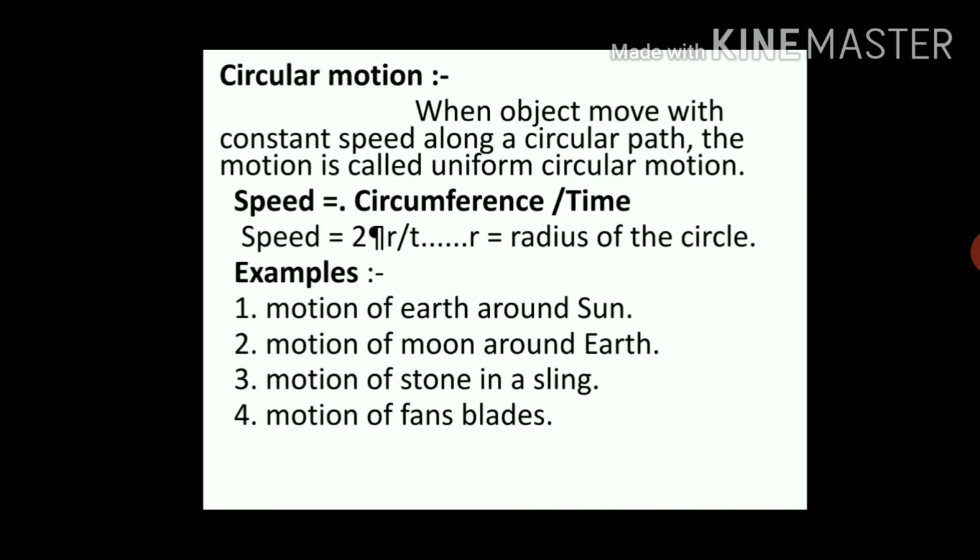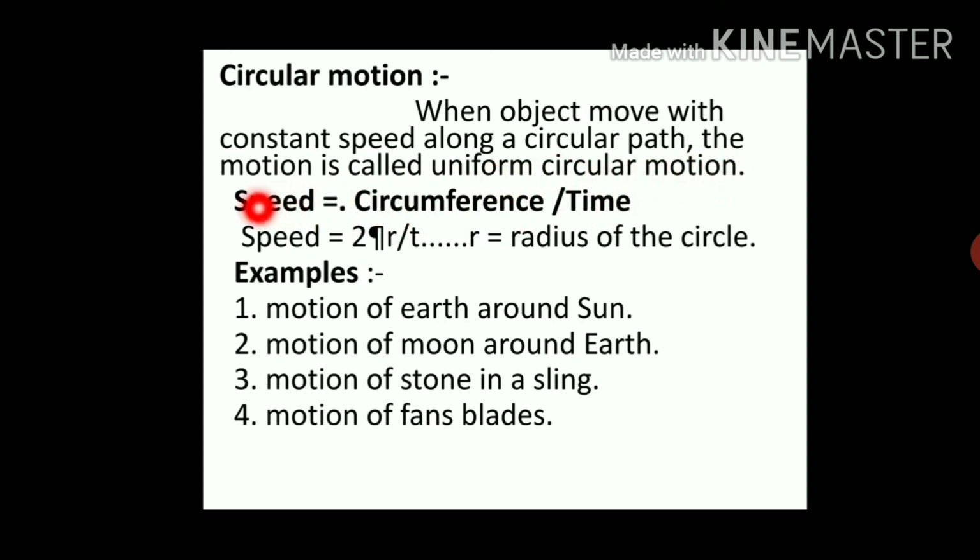Here you may be asked a question: what is circular motion? Write the formula for speed of circular motion and give some examples. So first we have to write the definition. The circular motion: when an object moves with a constant speed along a circular path, the motion is called uniform circular motion.